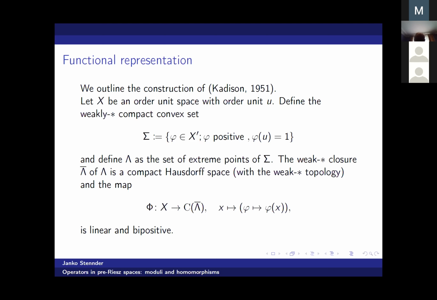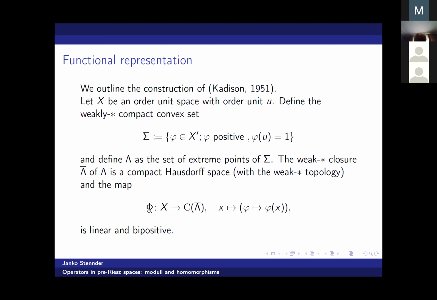So if we have an order unit space with some order unit U, we can define the weak star compact convex set Sigma as all the positive continuous functionals which map U to 1. And then define Lambda as the set of extreme points of Sigma. If we take the weak star closure of Lambda, this is a compact Hausdorff space with the weak star topology.